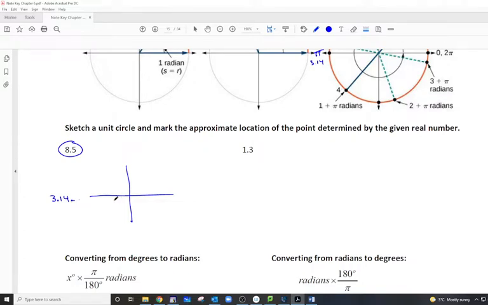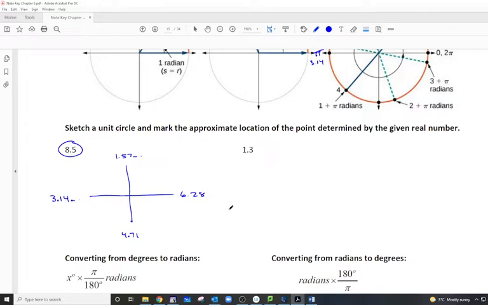So if we went half of that, pi by 2, I could plug into my calculator, pi divided by 2 is 1.57. So in here we've got 1.57. The bottom would be 3 pi by 2, so 3 times pi divided by 2 gives me 4.71. And then all the way around would be 2 pi, so 2 times pi, which is 6.28.